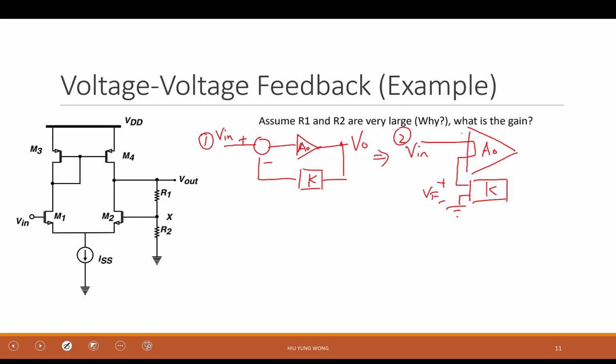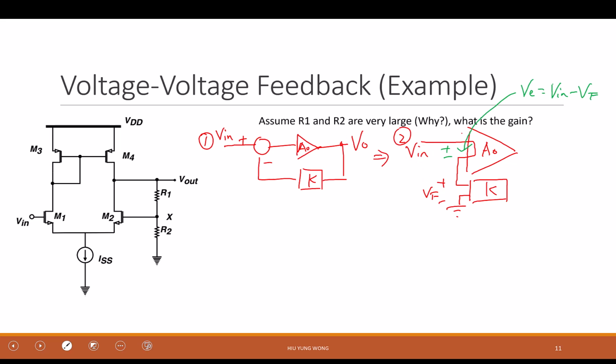Then isn't this part I call VE equals V in minus VF? Do you see this? Because VF plus VE equals V in, right?